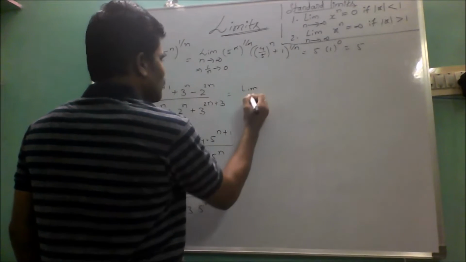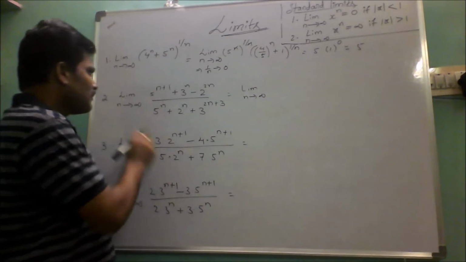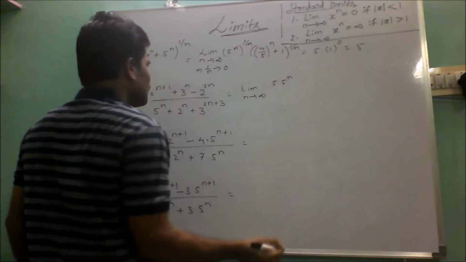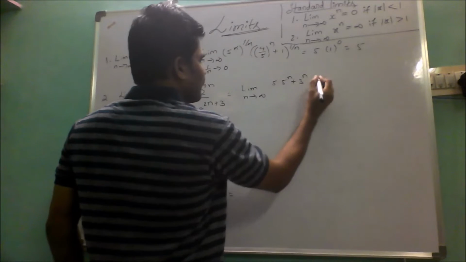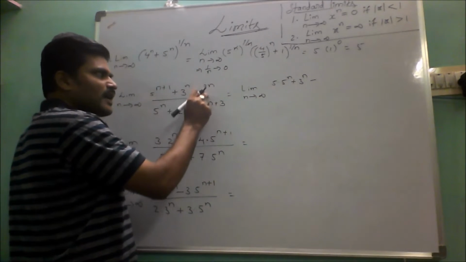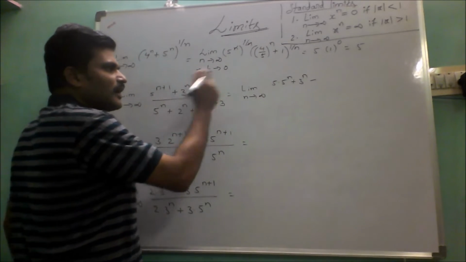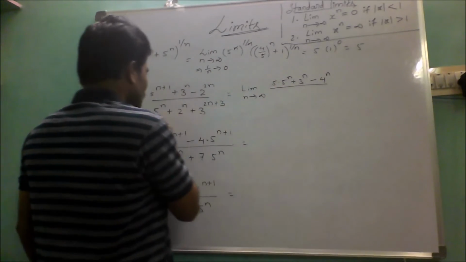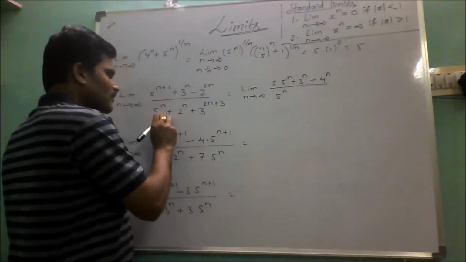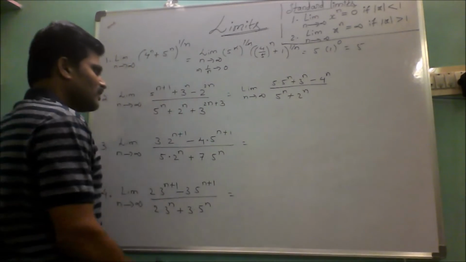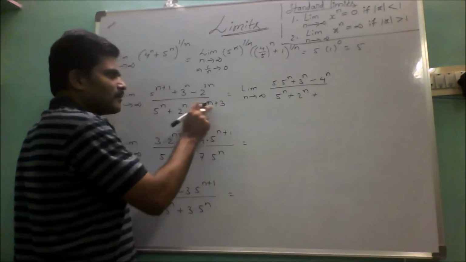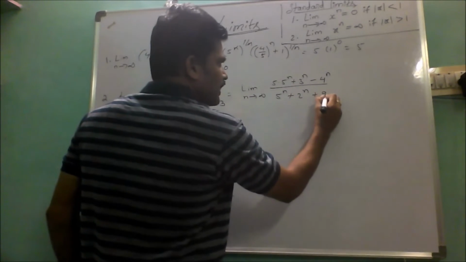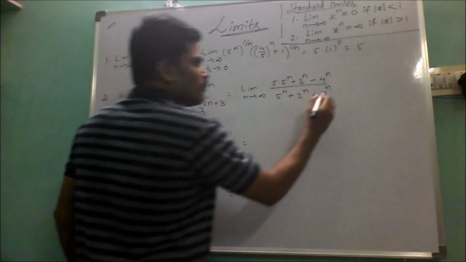So this can be written as limit n tends to infinity (5 into 5 power n plus 3 power n minus (2 square) whole power n, that is 4 power n) by (5 power n plus 2 power n plus (3 square) whole power n, that is 9 power n, into 3 cube). 3 cube means 27.